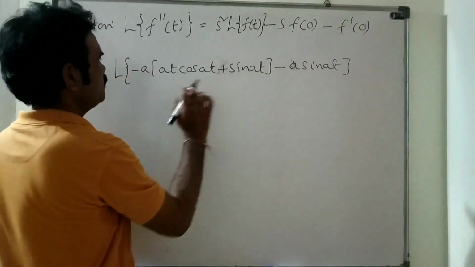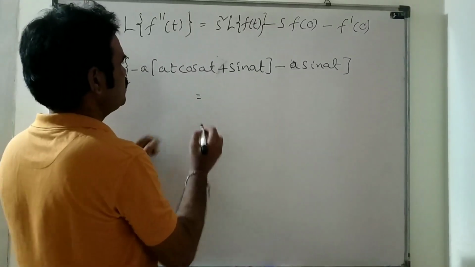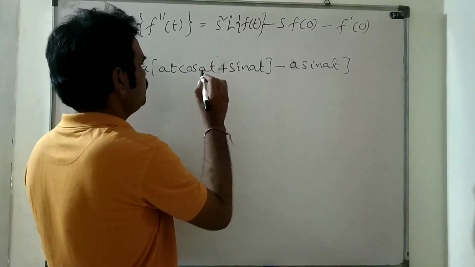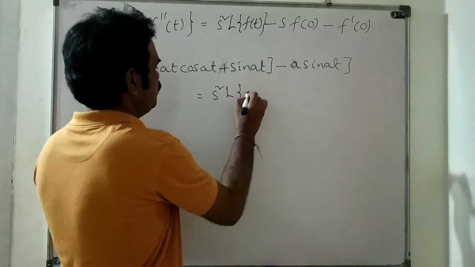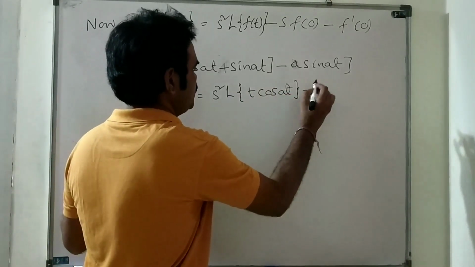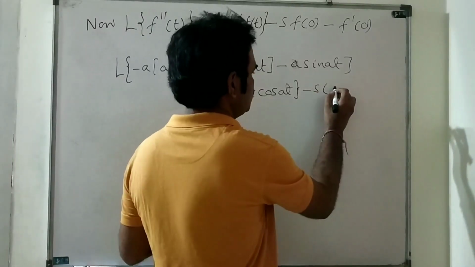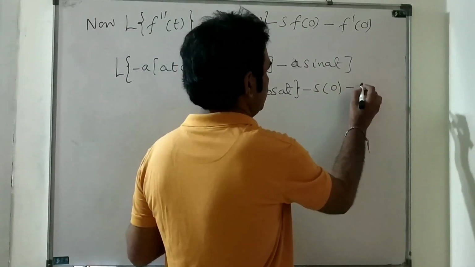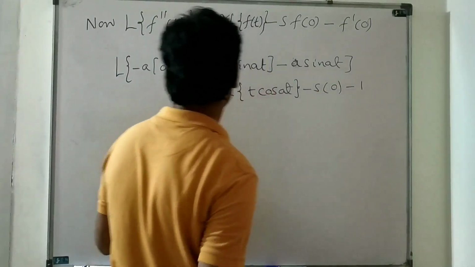This is f''(t). Okay, it is equal to, see the RHS, s² into L of f(t), here f(t) is t cos at, minus s into f(0) which is 0, minus f'(0) which is 1.